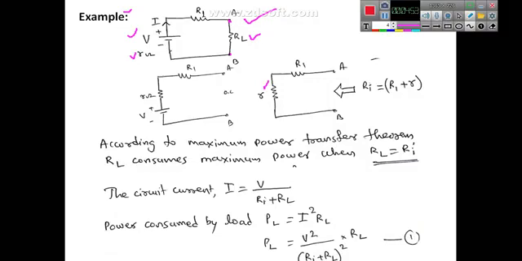Then if you find the internal resistance of the network looking back at the open circuited terminals, your internal resistance of the circuit is R1 plus R, because this R1 and R are connected in series, so you can easily find the internal resistance of the circuit. This is open circuit.